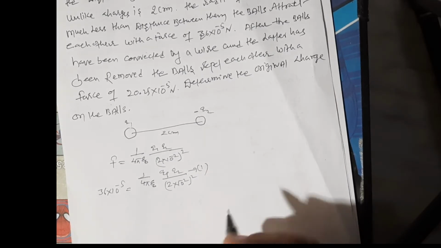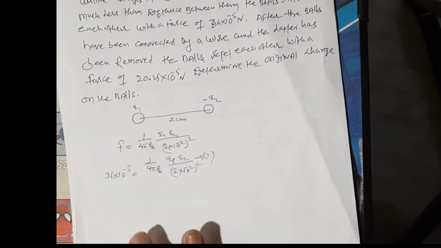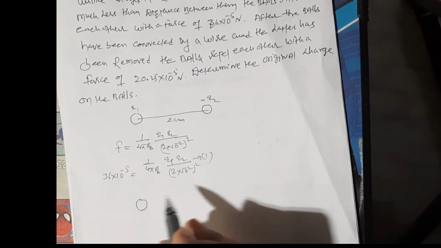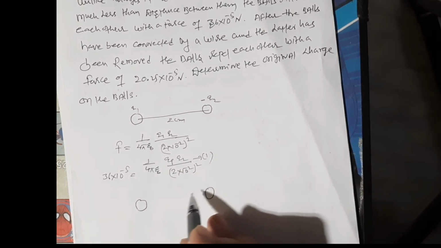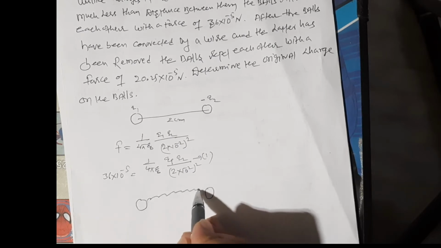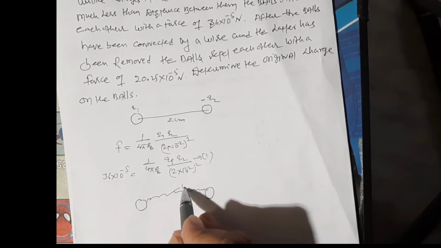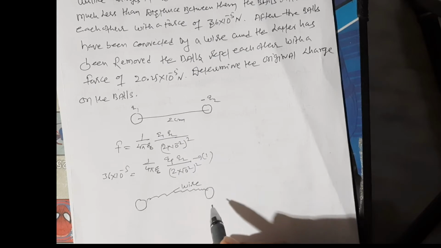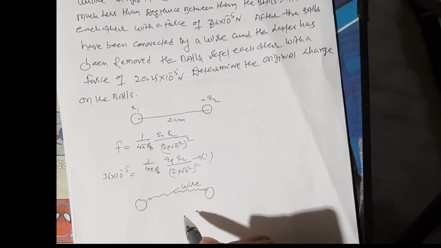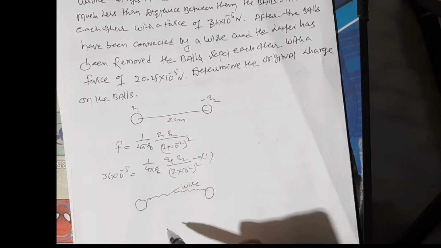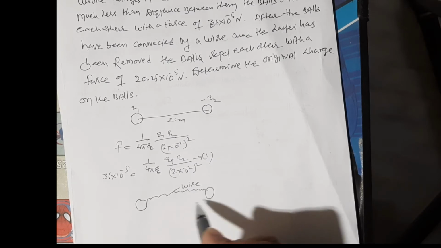Now, these two balls are connected by a wire and separated by the same distance. This is a wire. So whenever these two charged balls are connected by a wire, they share charges equally.